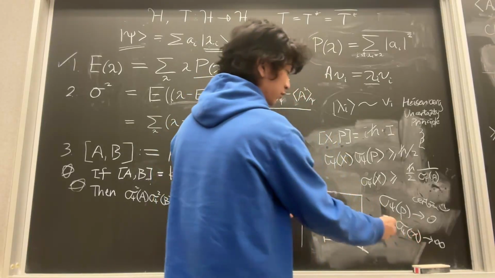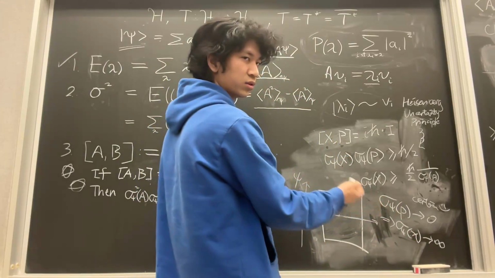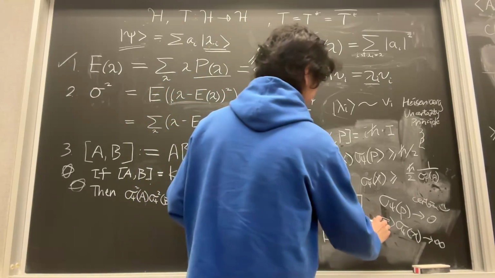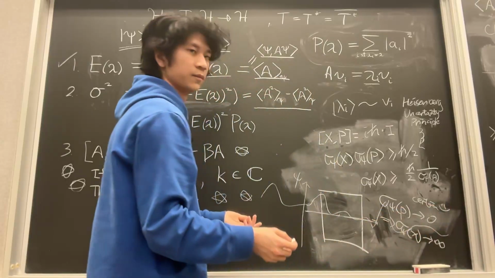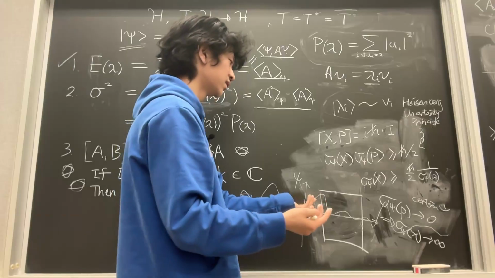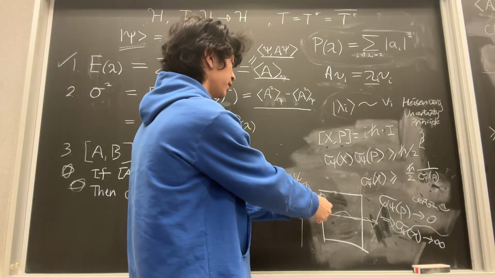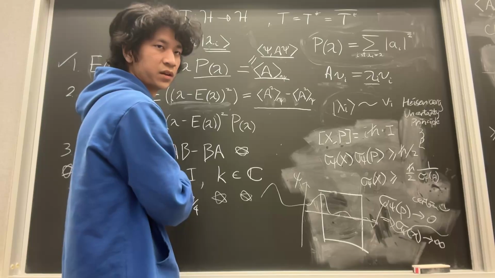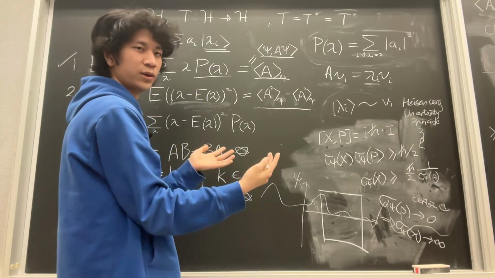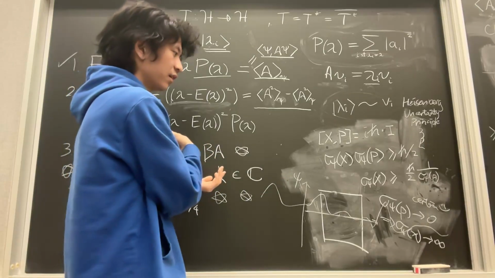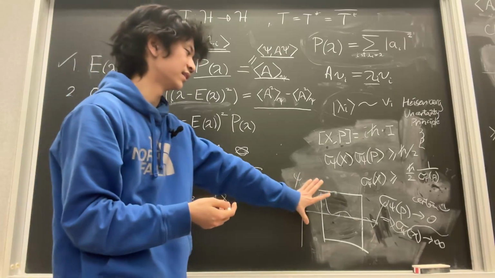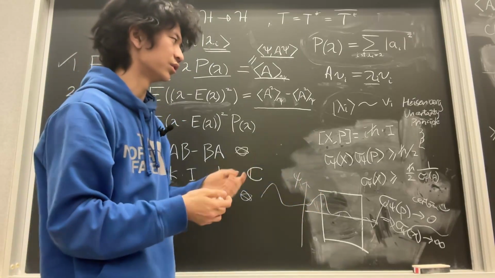So if your uncertainty goes to infinity, you don't even know where your particle is, which means it's no longer contained in the box. It could have some probability of existing outside of the box, which is not possible because we confine our particle in the box. There's no way it's going outside. That's why we can't have any momentum eigenstates in this scenario, because that would violate the uncertainty principle.